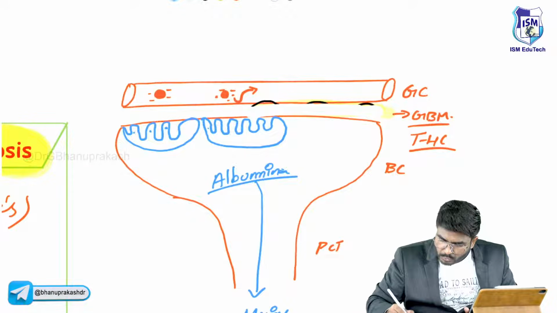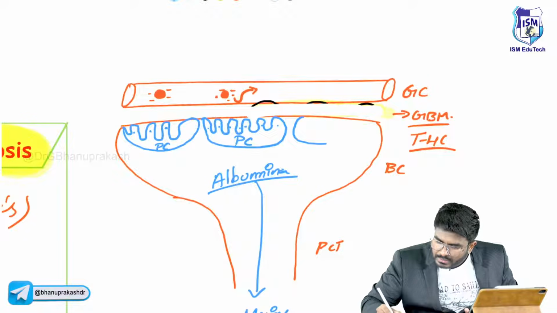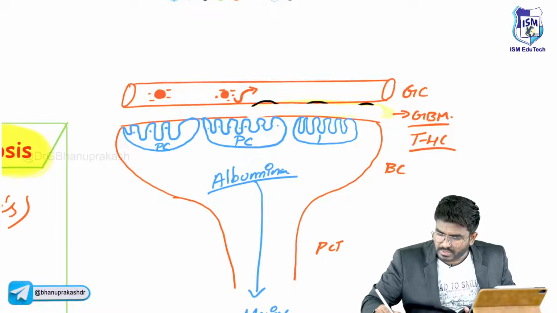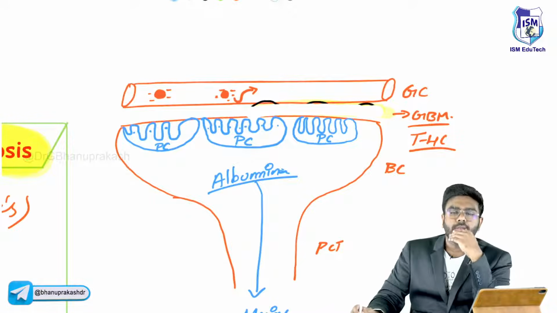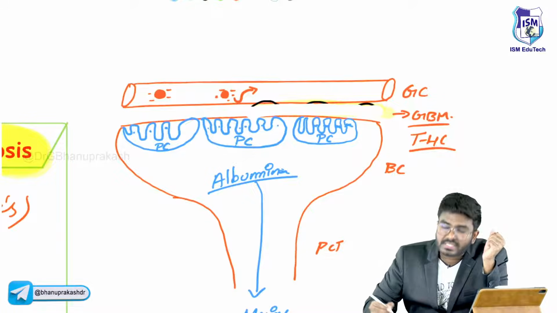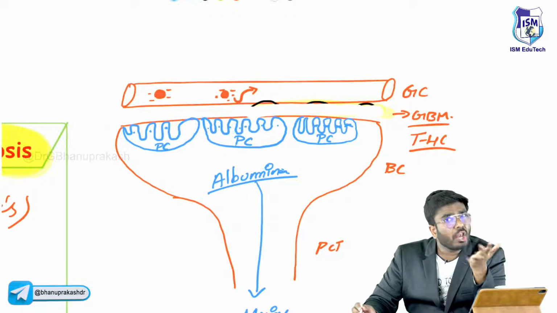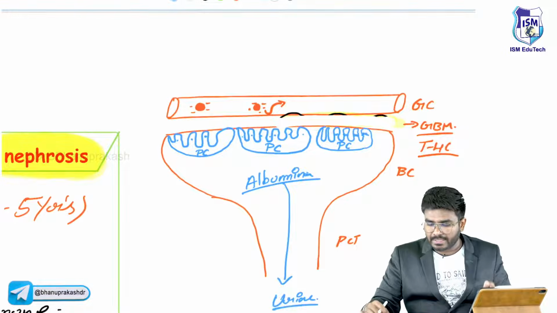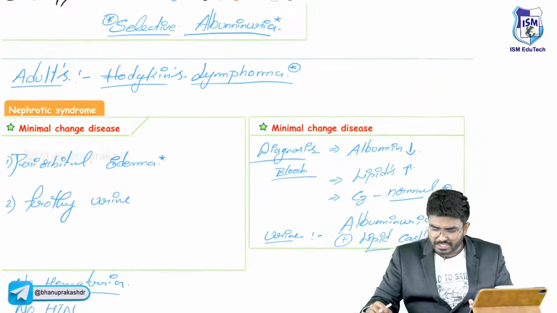These are called the foot processes. The cells I have drawn are the podocytes, the visceral epithelial cells in the Bowman's capsule. In this condition, these podocytic foot processes are effaced, lost. That's what is seen in minimal change disease.